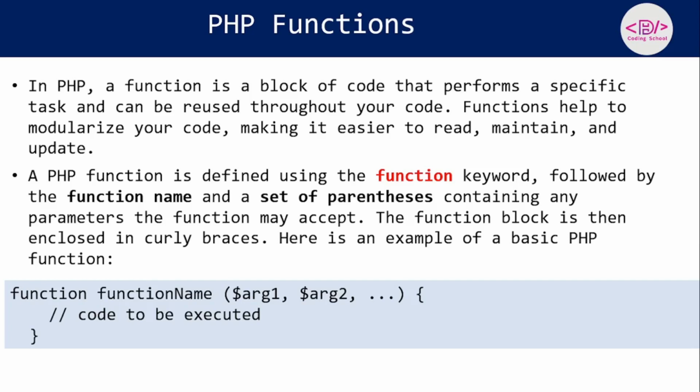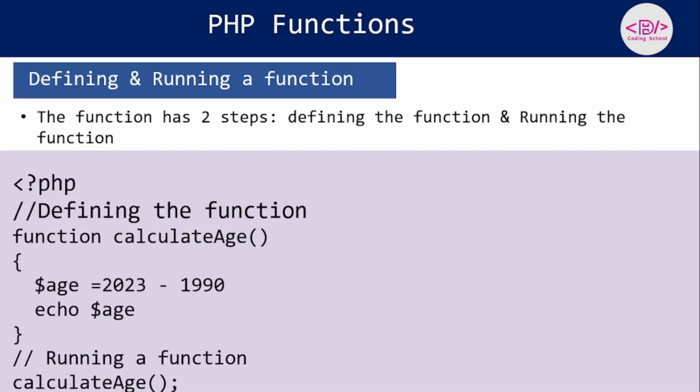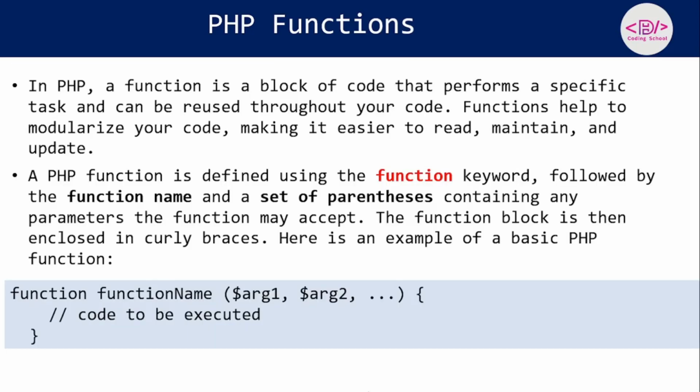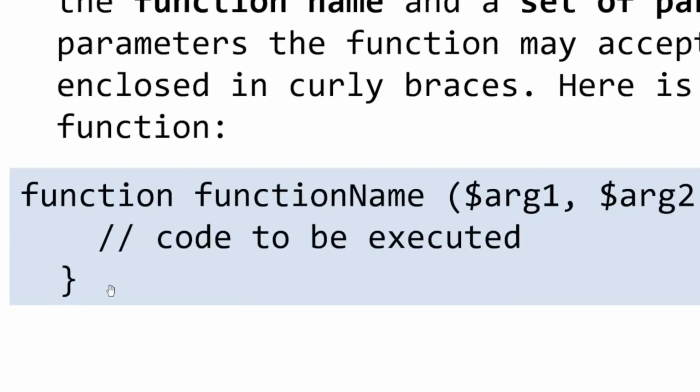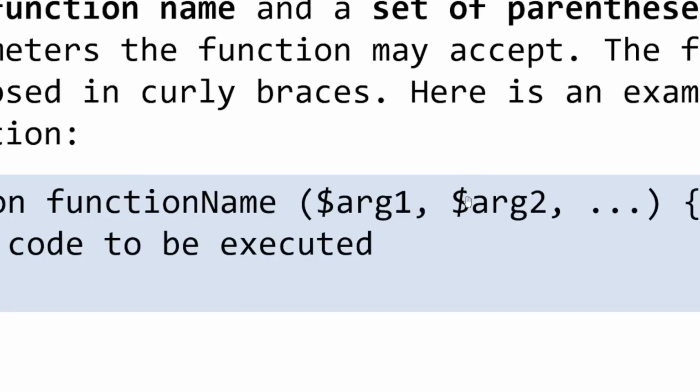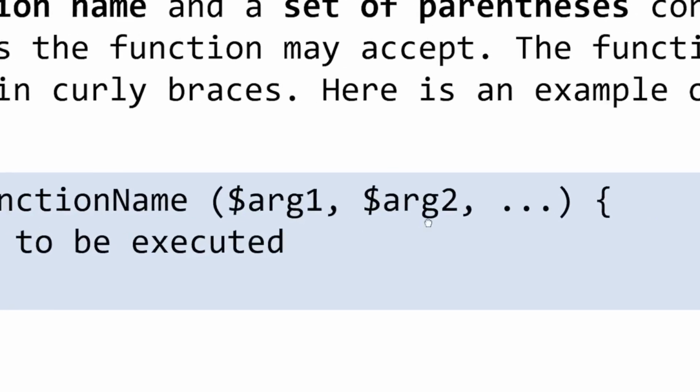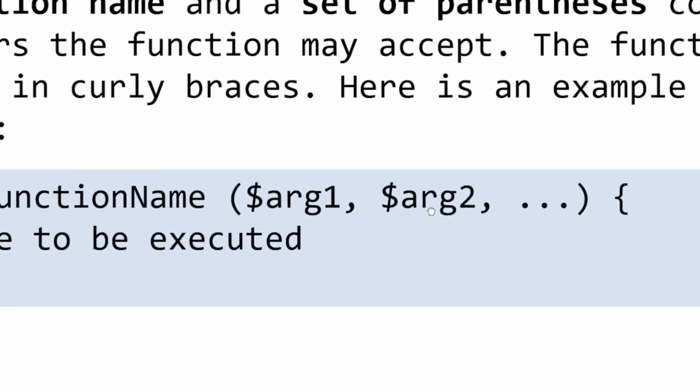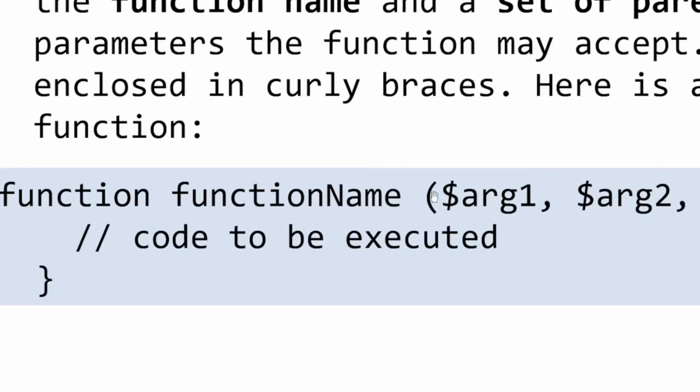The function block is then enclosed in curly braces, and this is how the syntax looks. You have the function keyword, then the function name followed by the arguments or parameters, and then the code that's going to be executed, the logic, is put in the curly brackets.